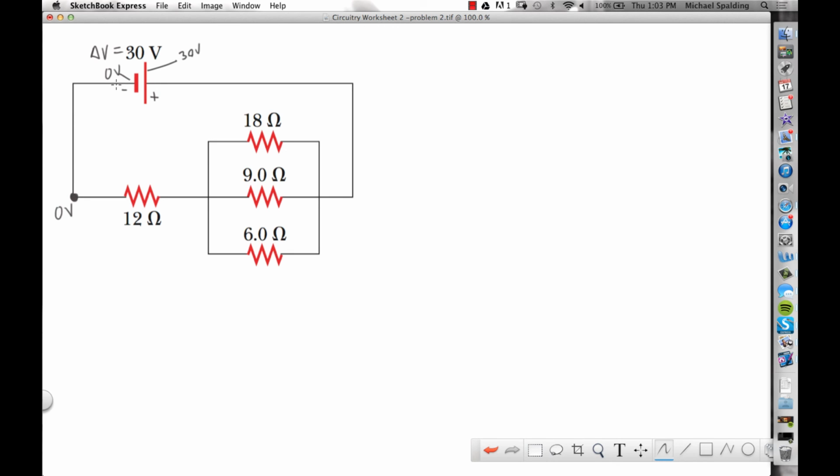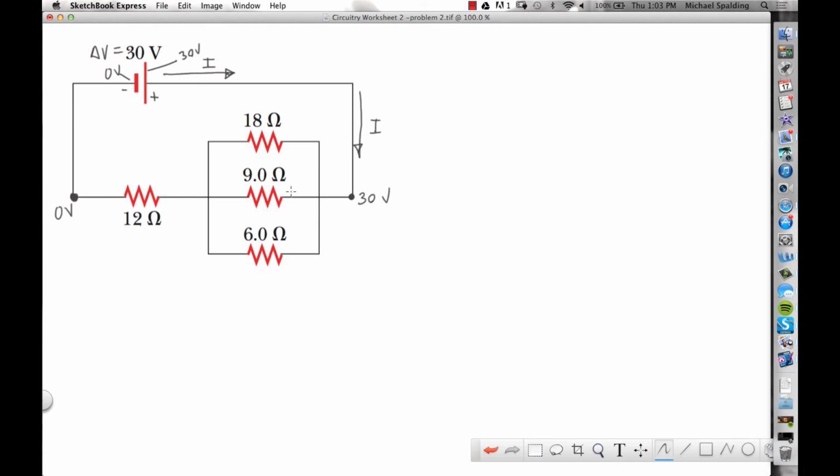The only time your volts will change is if you cross a battery or cross a resistor. So how many volts do we have over here? 30, right? The current comes out of the battery like this. Current is always positive charge motion. Current is capital I. The current comes down like this.